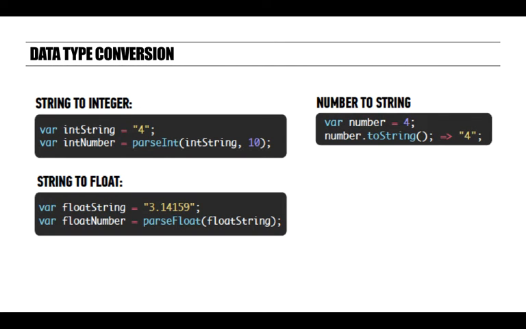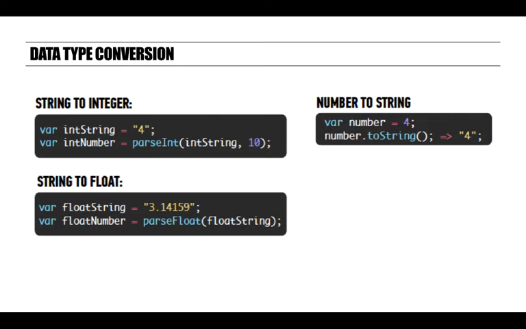So luckily we have data type conversion. So we can actually convert strings to integers, strings to floats, numbers to strings. So you do that by using these functions in JavaScript. So here, there's this parseInt function.